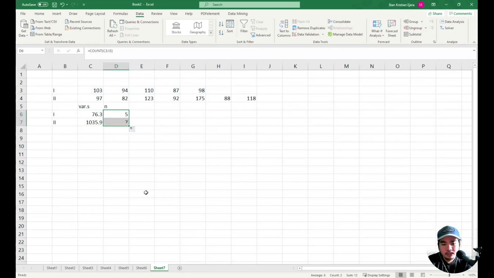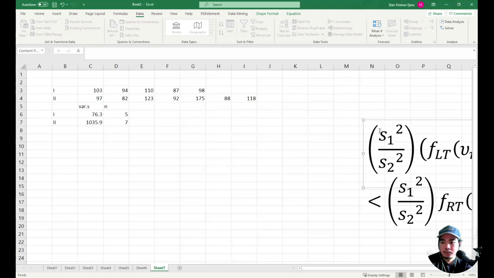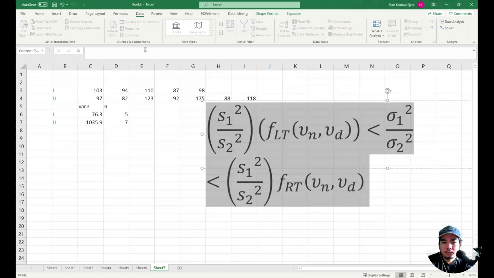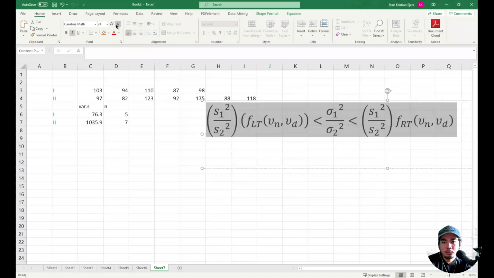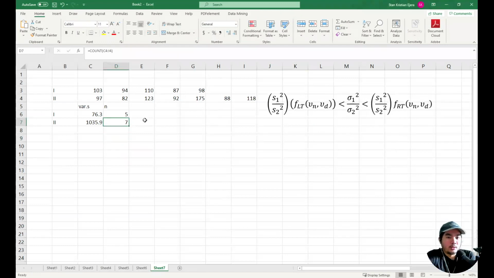And apart from that, nothing else. I'll just put the formula here. Okay. We can also put df here: df equals count minus 1. So, I can drag this.